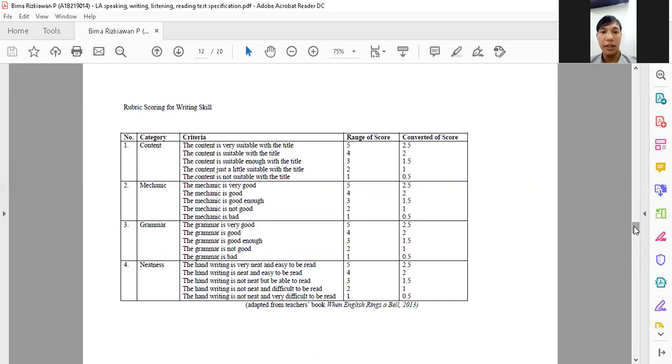The mechanic with the high score is very good, and the low score is bad. Grammar, the high score is very good, and the lower score is bad. Neatness, the handwriting is very neat and easy to read is the high score, and the handwriting is not neat and very difficult to read is the low score.